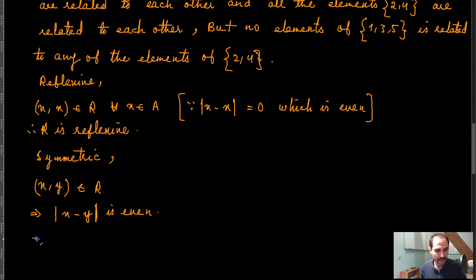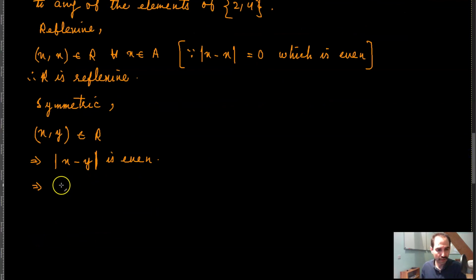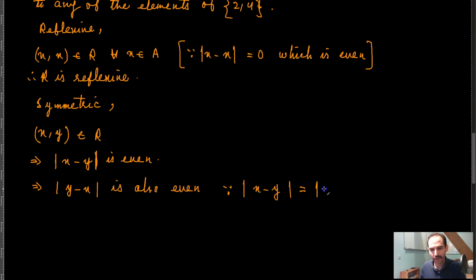And that shows that the absolute value of y minus x is also even, because the absolute value of x minus y is equal to the absolute value of y minus x for all x and y belonging to the set A, right?